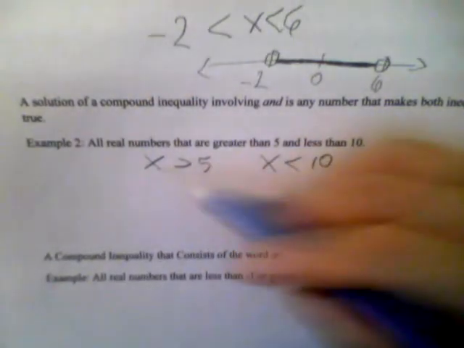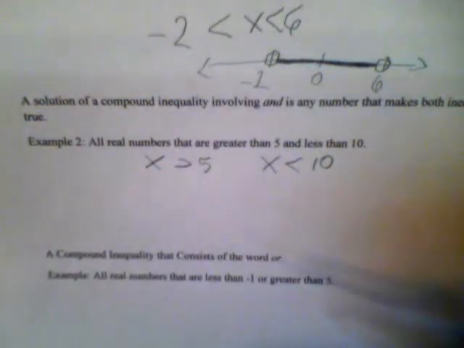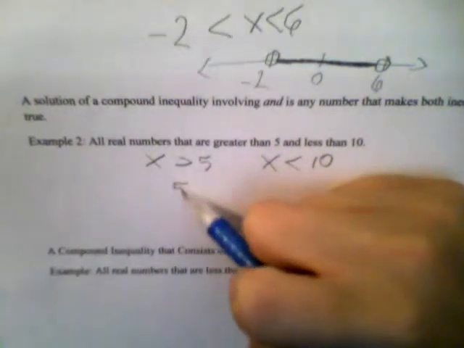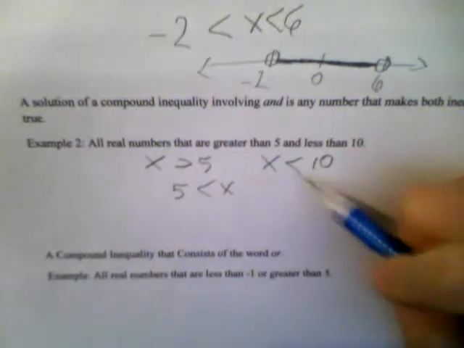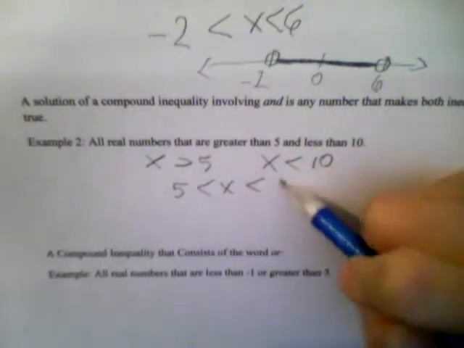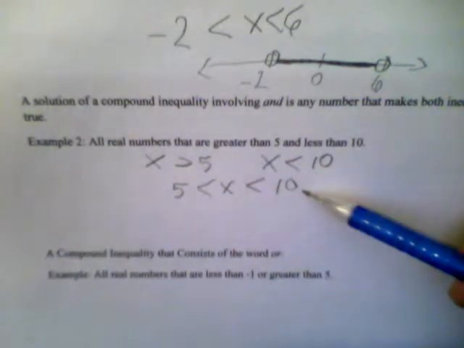So those are my two distinct inequalities. The other two distinct inequalities, I can go ahead and write them as one statement. So my 5 on this side, x is larger than 5, but x is also less than 10. So my two inequalities can be written like this.